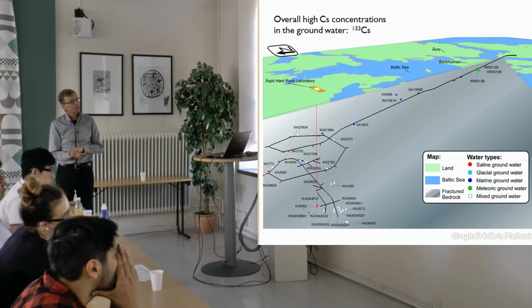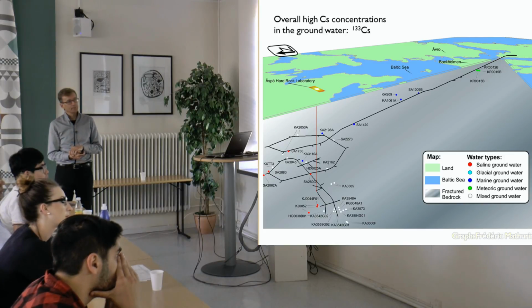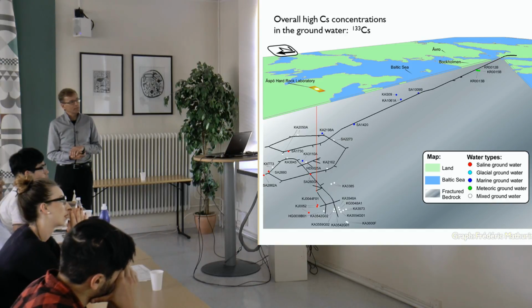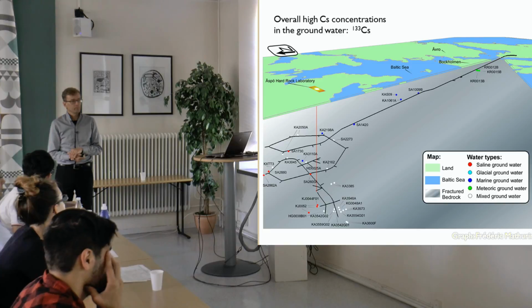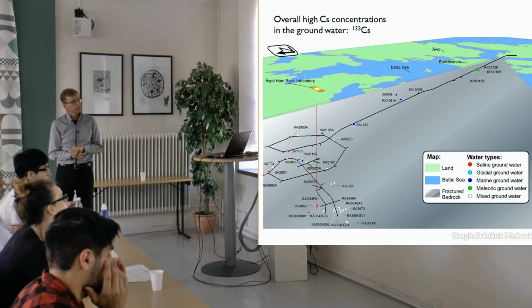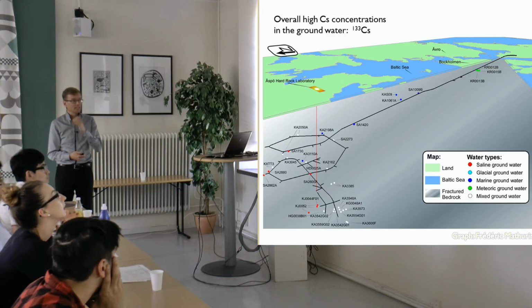So you see some green dots here, which is meteoric groundwater, not so surprising, in shallow fractures under the island. When we go down, there is a lot of blue stuff here also, and that is groundwater coming from the sea. Marine or sea groundwater. So it's fractures going from the sea into the bedrock, and seawater is penetrating through these.